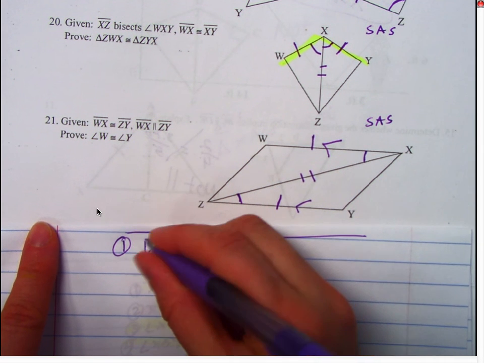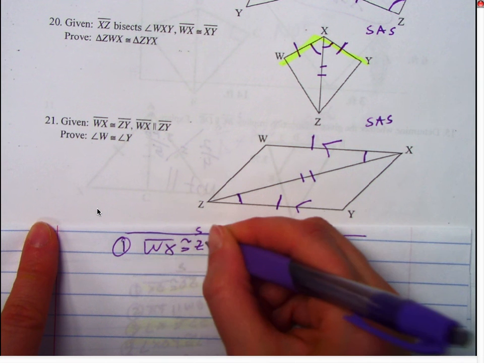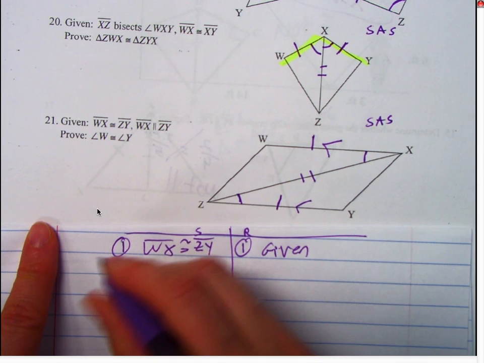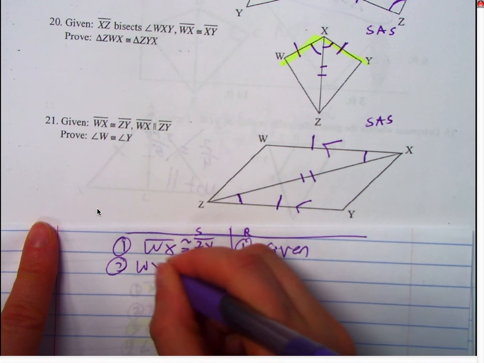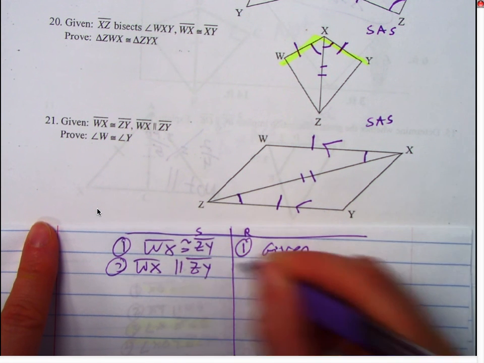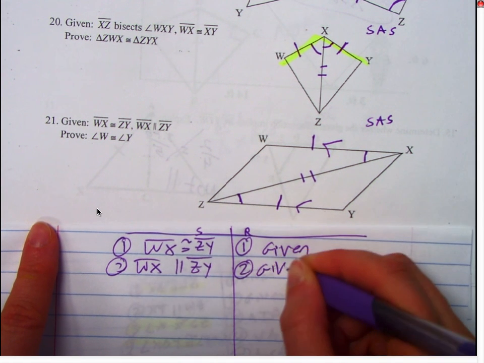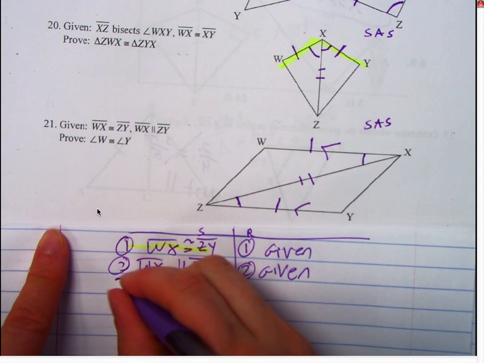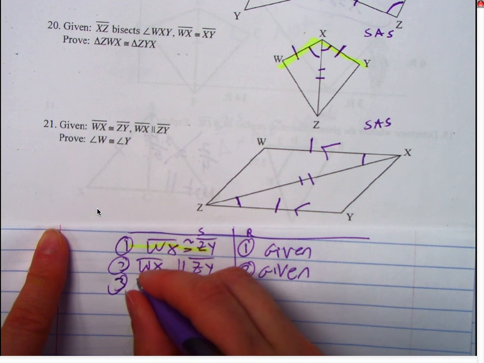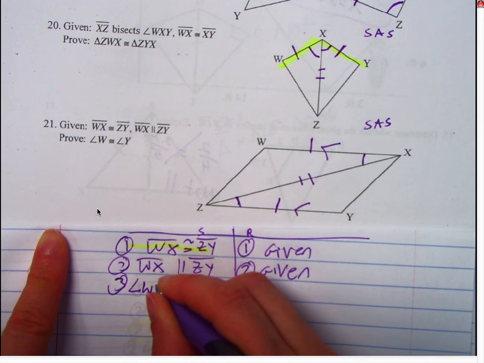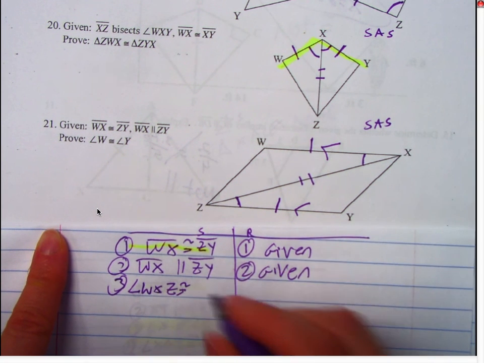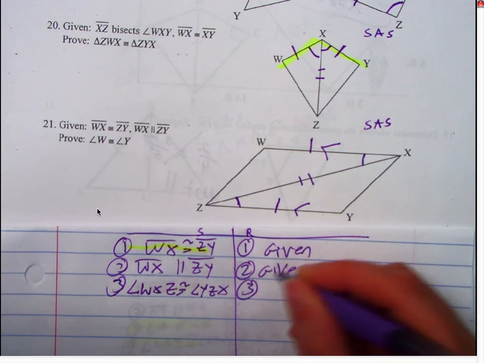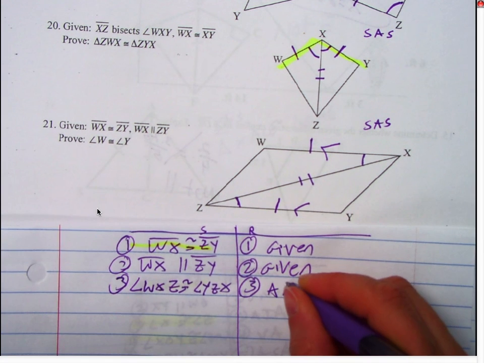So WX is congruent to ZY by given. Then we've got WX is parallel to ZY, given. I can't move on because I don't have anything as congruent. So I need to have angle WXZ is congruent to angle YZX by alternate interior angles.